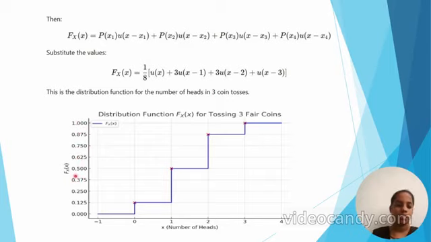This is the probability distribution function, and the graph increases like a staircase. This is the distribution function for tossing 3 coins.